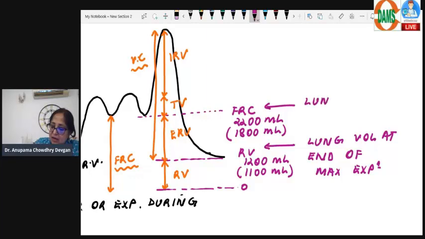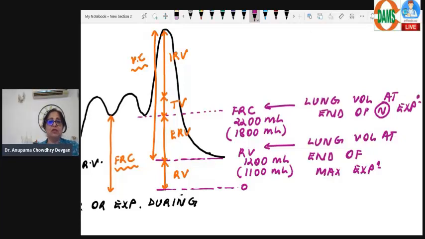This is the lung volume at the end of a normal expiration. This is known as functional residual capacity. Have you understood? Lung volume at the end of a maximum expiration, residual volume. Lung volume at the end of a normal expiration, functional residual capacity, right?